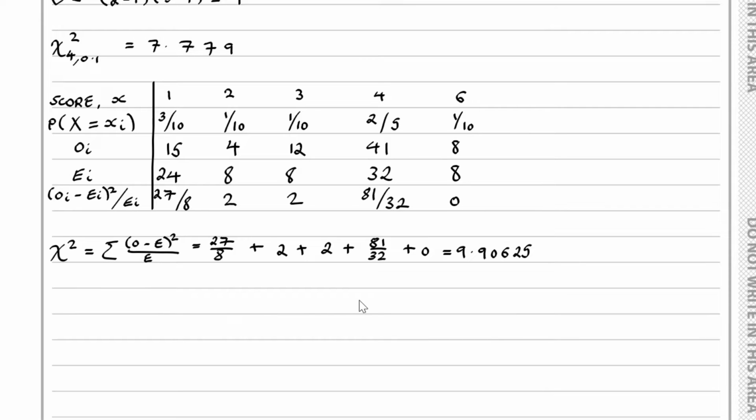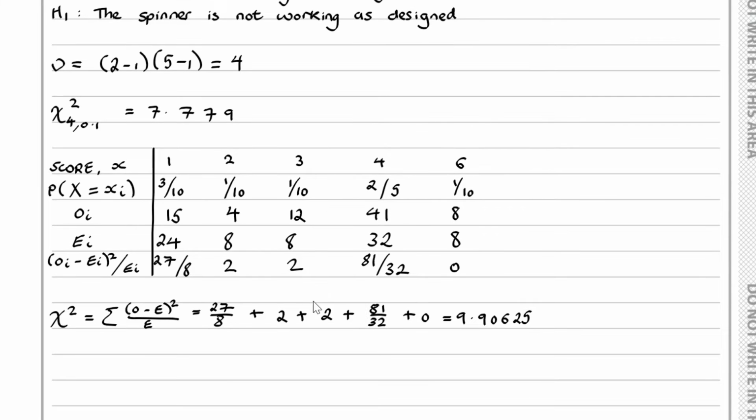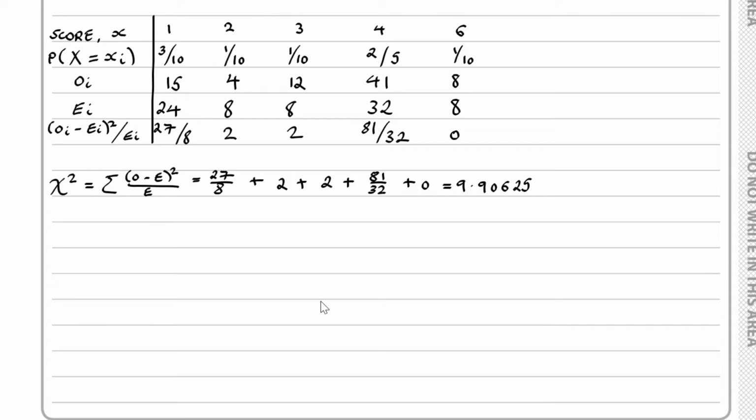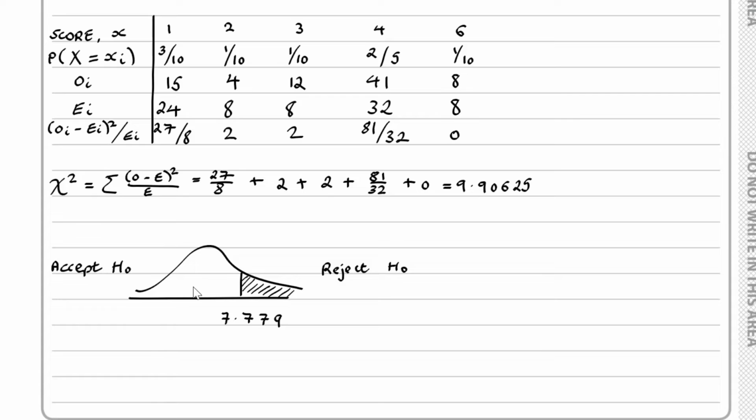Okay, so drawing a diagram to illustrate these, so we've got this diagram here. We've got our critical value, that would be 7.779. Here is where we reject H0. Here is where we accept H0.